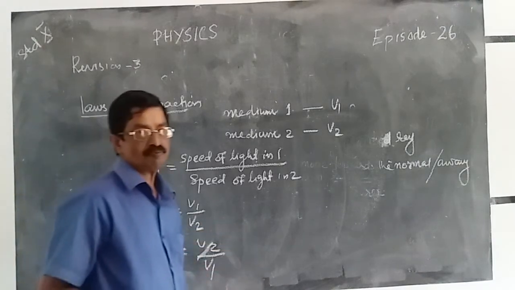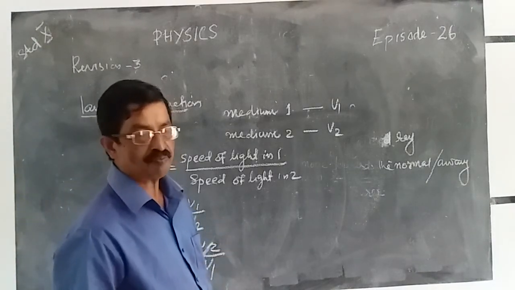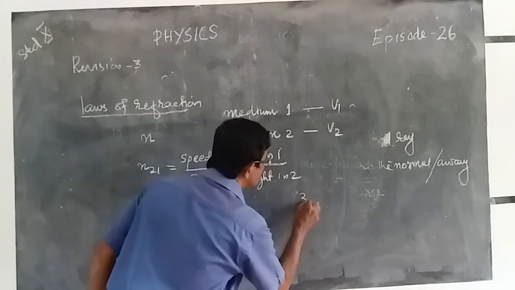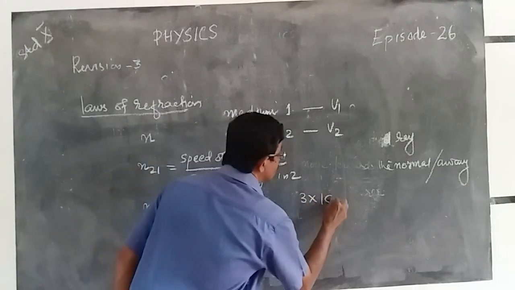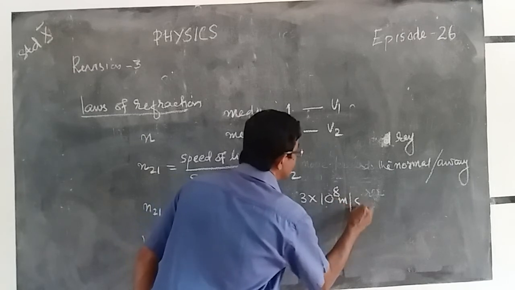When we consider different media, the speed of light in vacuum is the maximum.